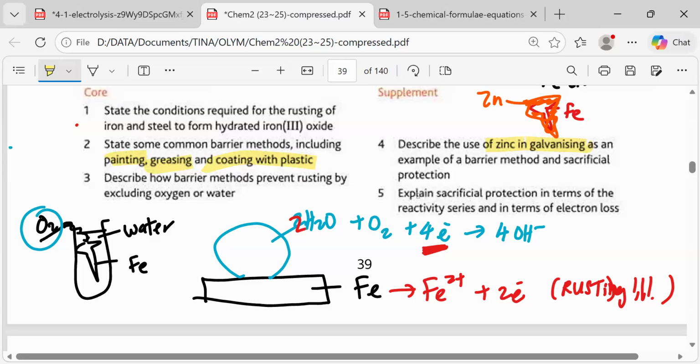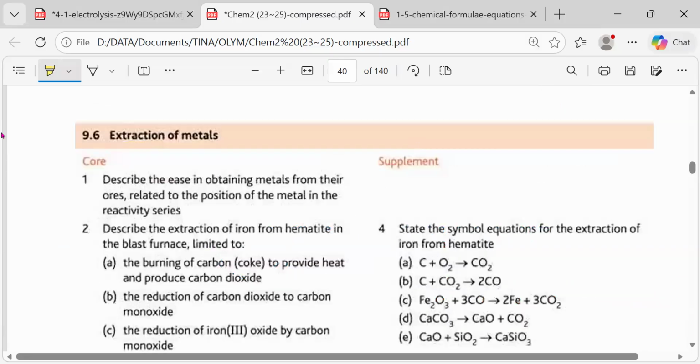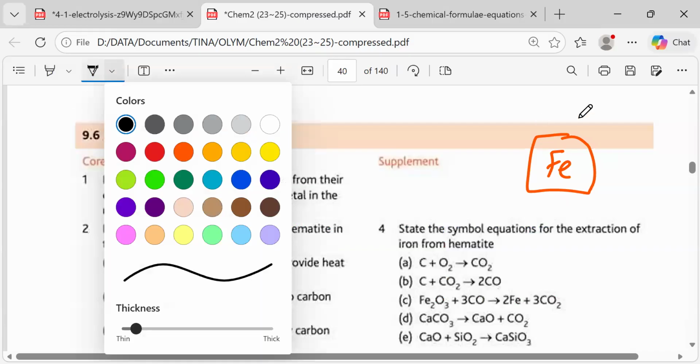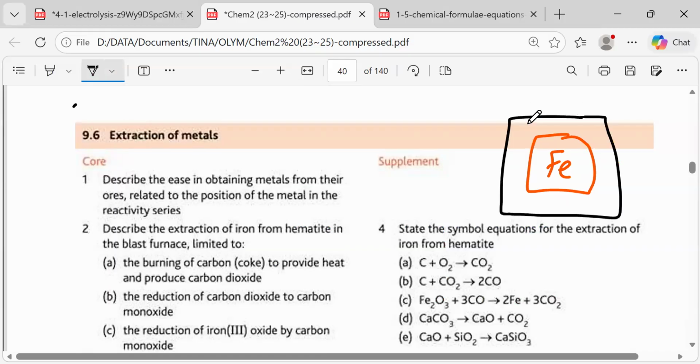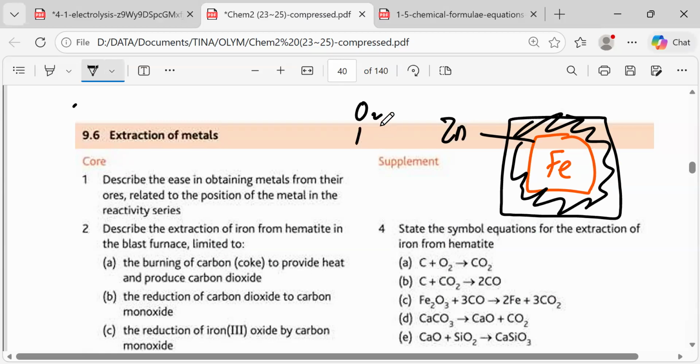So, what happens is, this is the iron, if the iron is completely covered with zinc, oxygen and water cannot go in. So no problem at all. So this is called a barrier method. It's a barrier to stop oxygen and water going in.